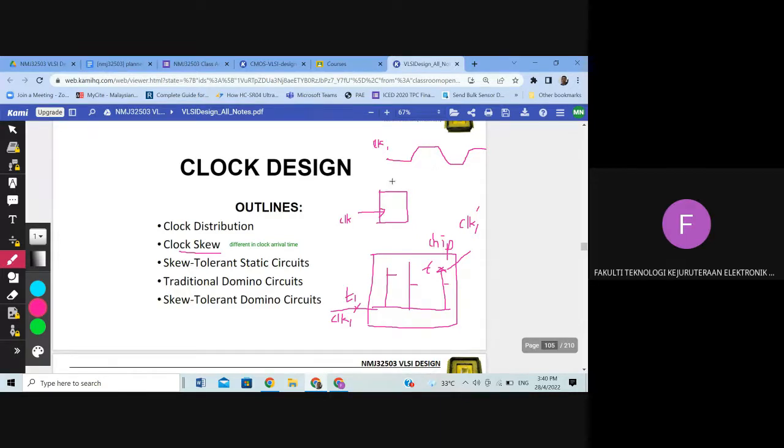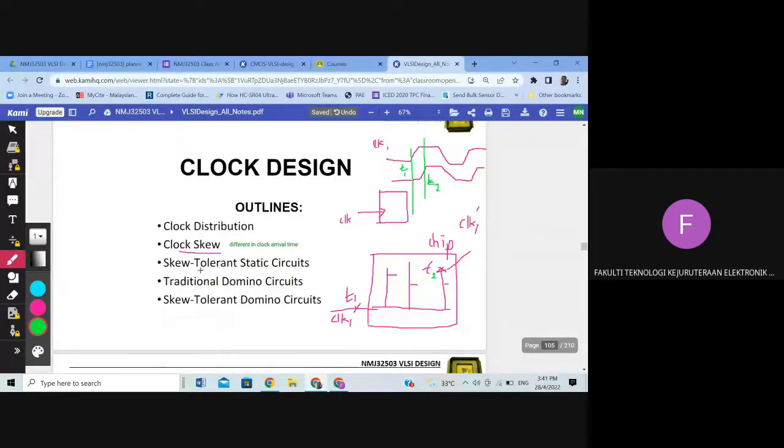The amplitude is almost similar, but the arrival time will be much different. You see the difference. So this is at T1, and now this is T2. So the difference in clock arrival time: arrival time here, T2, compared to T1 here, is different. So that's actually clock skew.